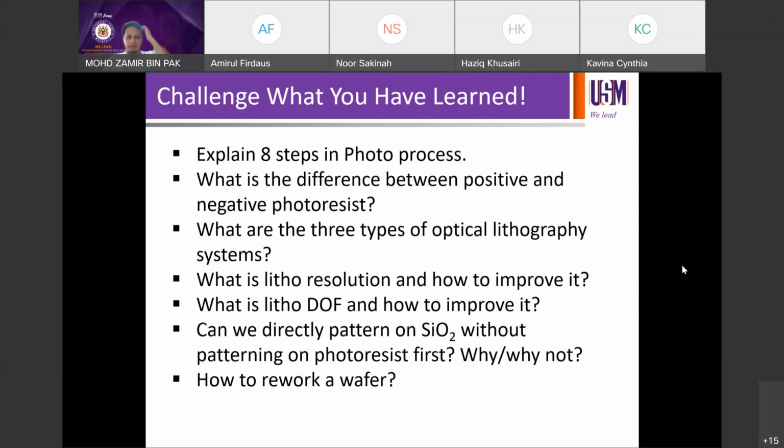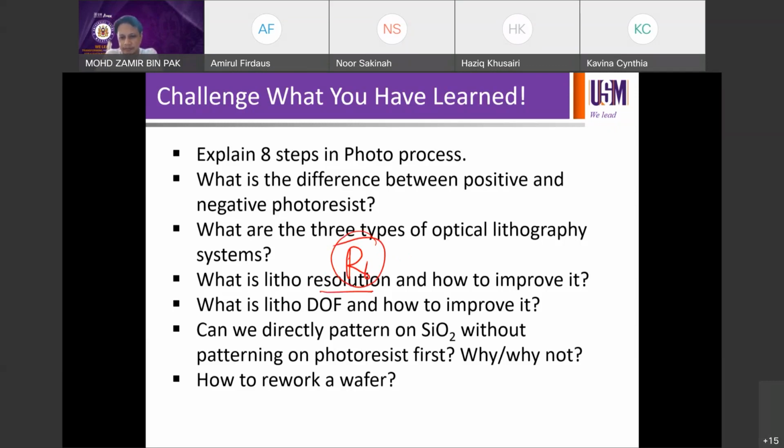Okay, anyone? Resolution. What is resolution? R. Who knows resolution? The resolution that you want to print, or resolution that can be printed, is blah blah blah.